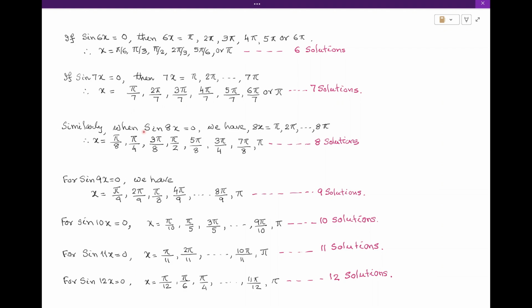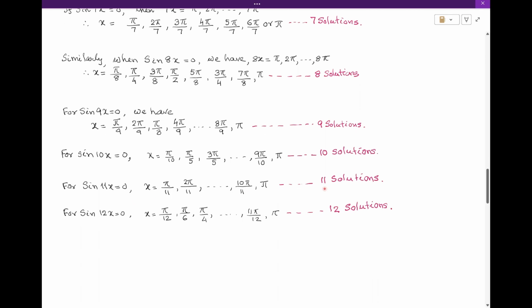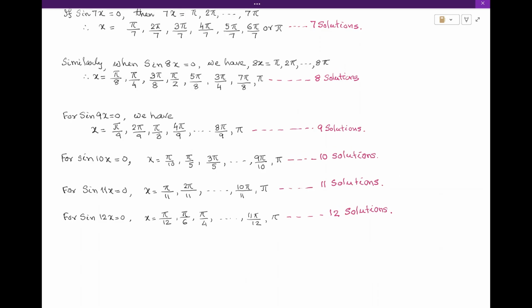It will go on for other such terms. Like sin 8x will give us 8 solutions, sin 9x is equal to 0 will give us 9 solutions, sin 10x is 0 will give us 10 solutions, and sin 11x will give us 11 solutions. Finally, sin 12x is equal to 0 will give us 12 solutions. I have worked out all these solutions separately.